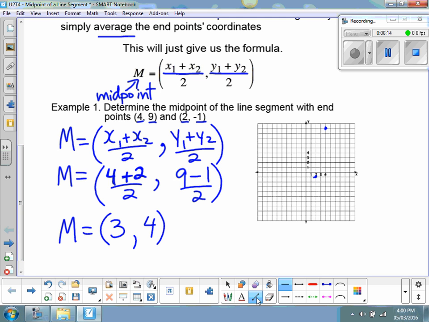So these are line segments. With these line segments that we're working with, they actually stop at the endpoints. They don't continue on like we've done with the graphs of lines. And we just calculated that the midpoint would be 3, 4, which is that point right there. So that makes sense on our graph that that is the midpoint of that line segment.